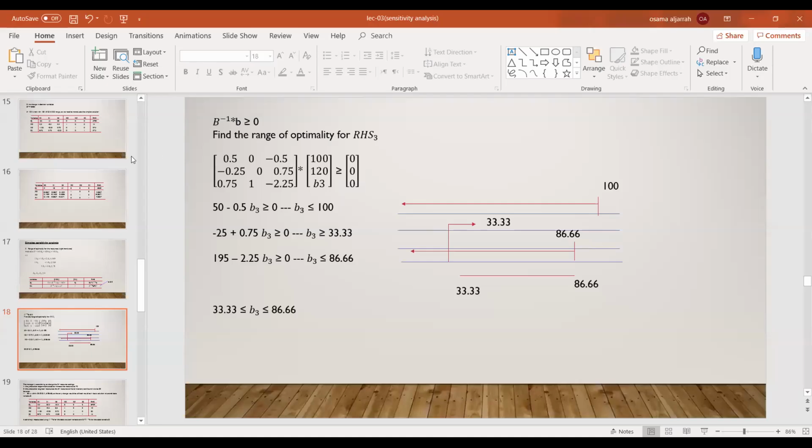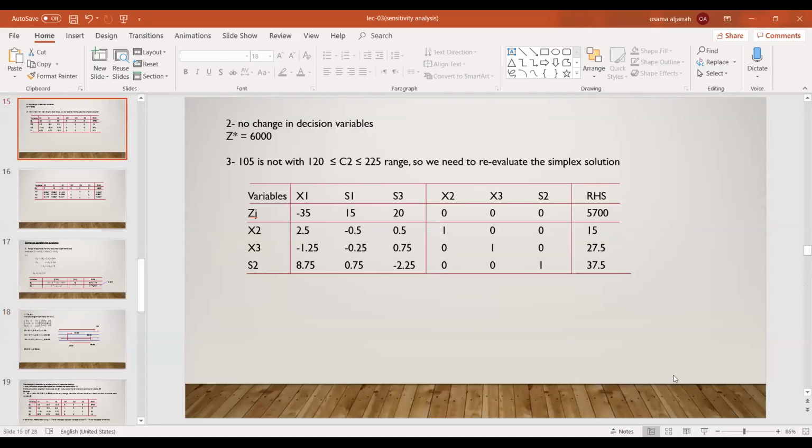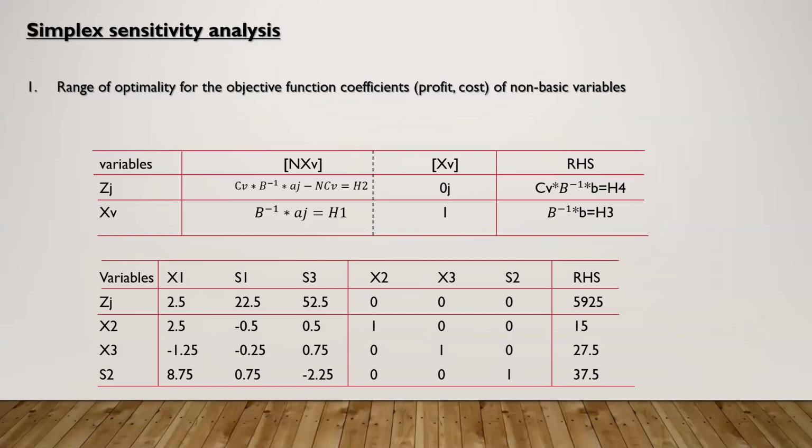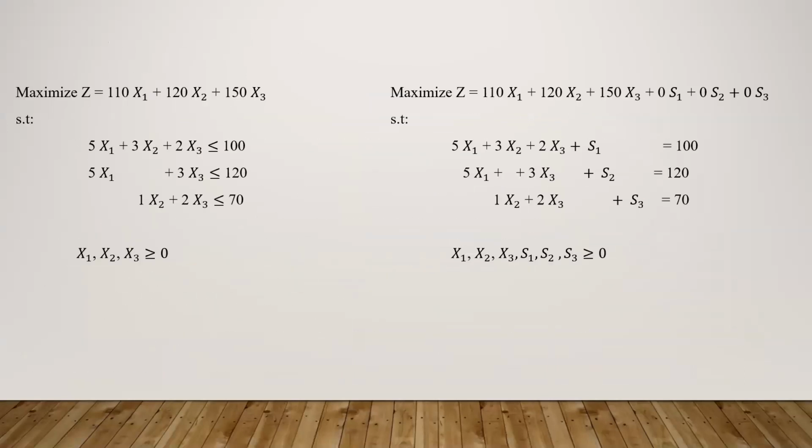From where are we taking the coefficients? The coefficients for B are taken from the original matrix, from here. You're going to see which variables are the basic solution.